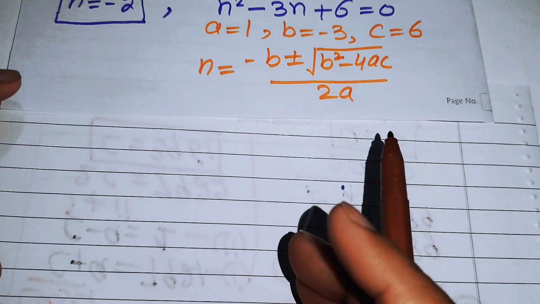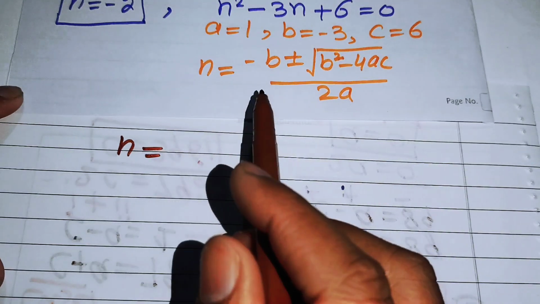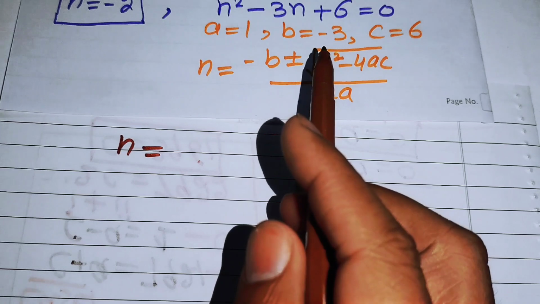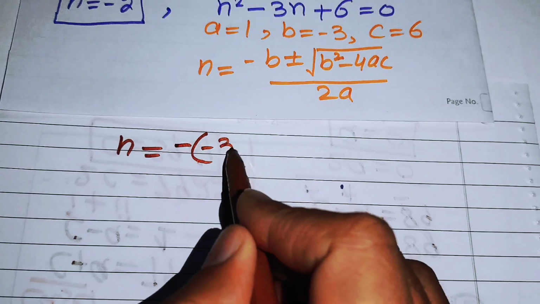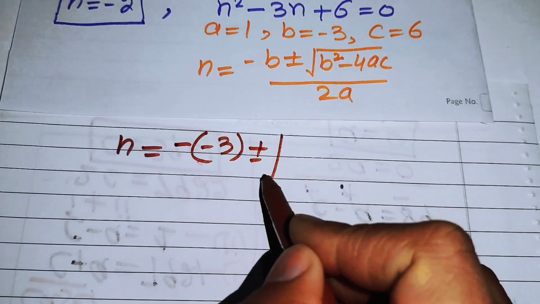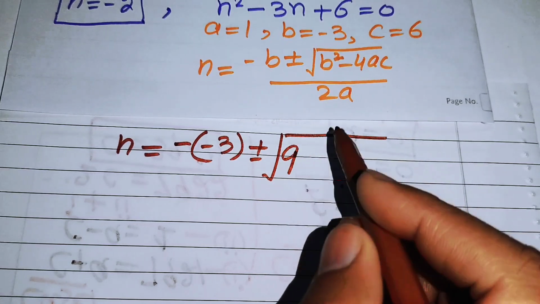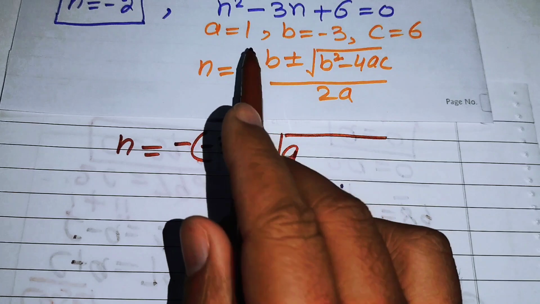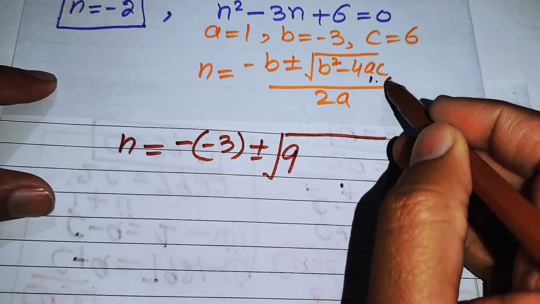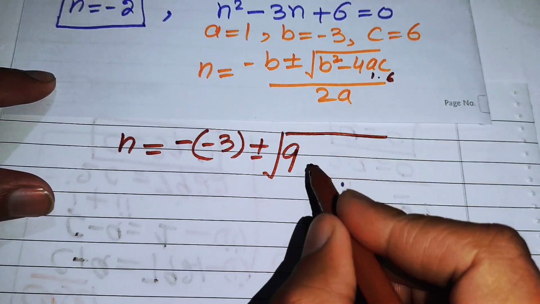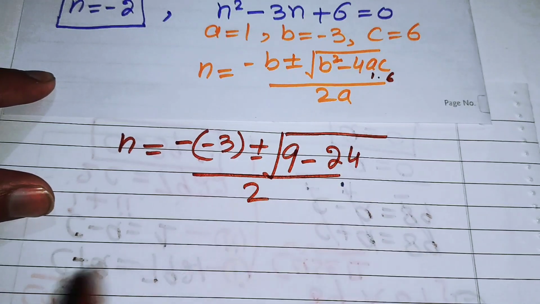We plug all these values in, and we get n equals minus b, and the value of b is minus 3, so it will be minus times minus 3, plus or minus square root of b squared, so minus 3 squared is 9, minus 4 times ac, where a is 1 and c is 6, so 4 times 6 is 24, and this whole over 2.